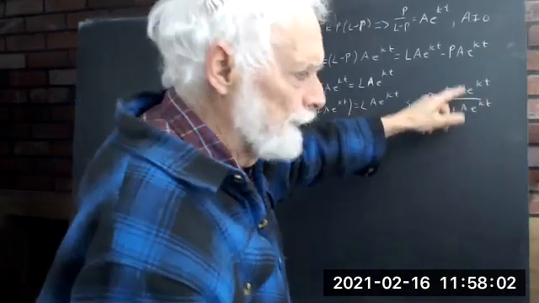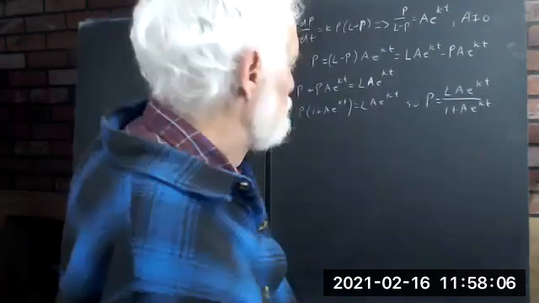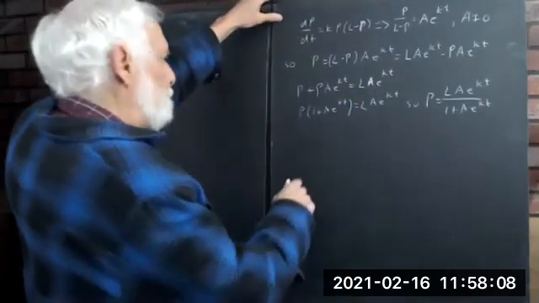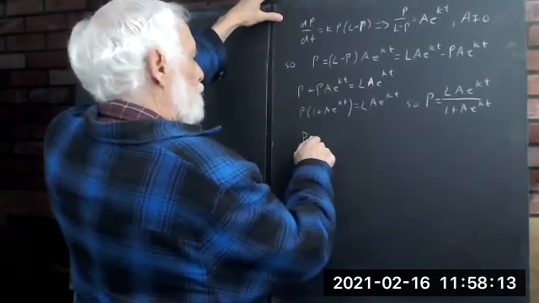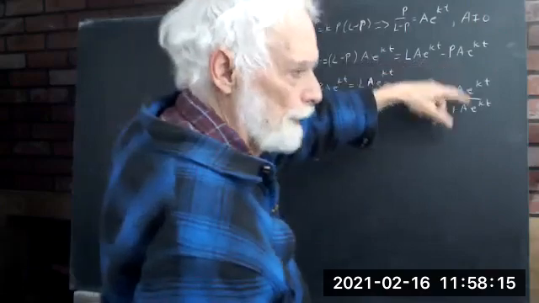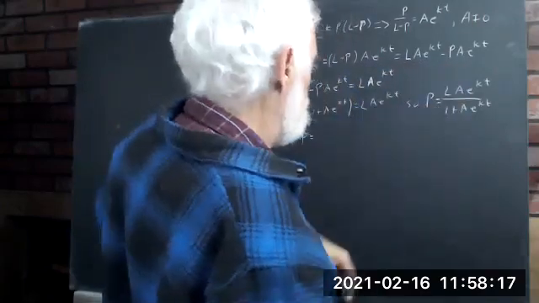Now we got that constant A here and here, and we really kind of want it someplace where we can deal with it. So I'm going to divide both numerator and denominator by A e to the KT.